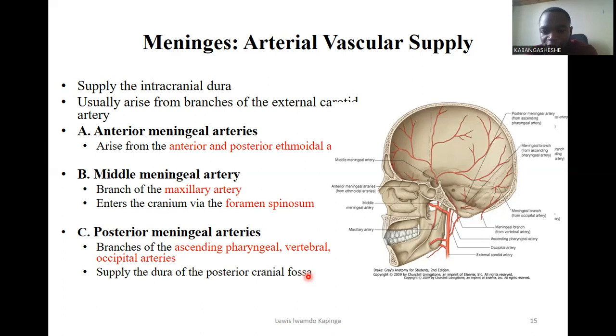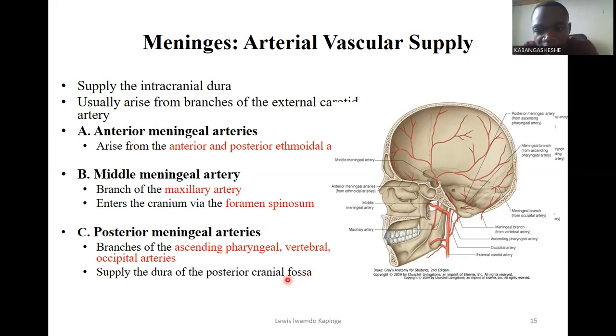Blood that goes to the brain comes from the internal carotid. Then the external carotid will feed all these other parts: muscles in the jaw, muscles in the face, skin on the head. Anything that is not brain but is on the head and neck will be supplied by the external carotid. Inside there, the brain is fed by the internal carotid.